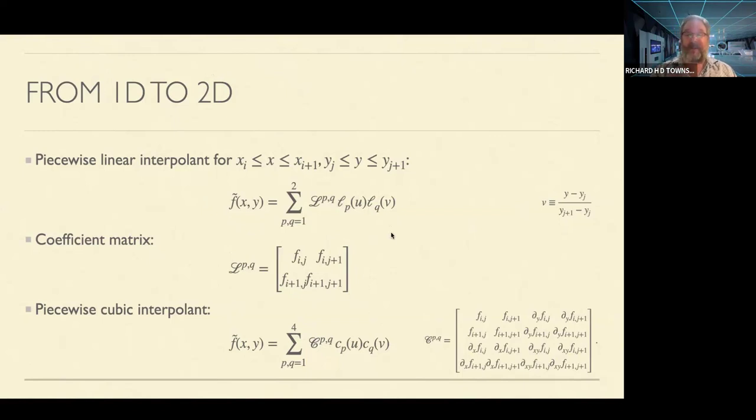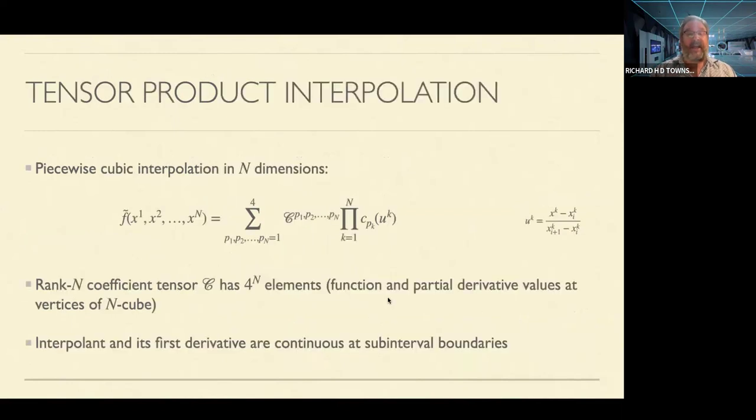Okay, so going from 1D to 2D can be generalized to any number of dimensions if we just generalize these formulas. The expression I give here is the generalization of the cubic formula. We have some function of n different parameters, so we're interpolating in n dimensions, and we can write the interpolant in this form.